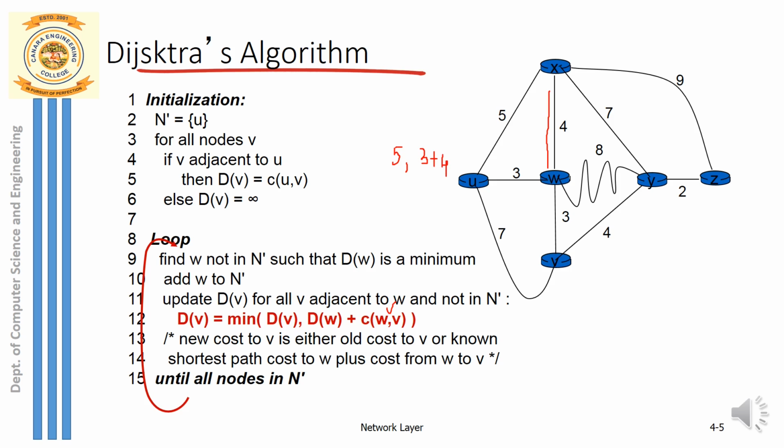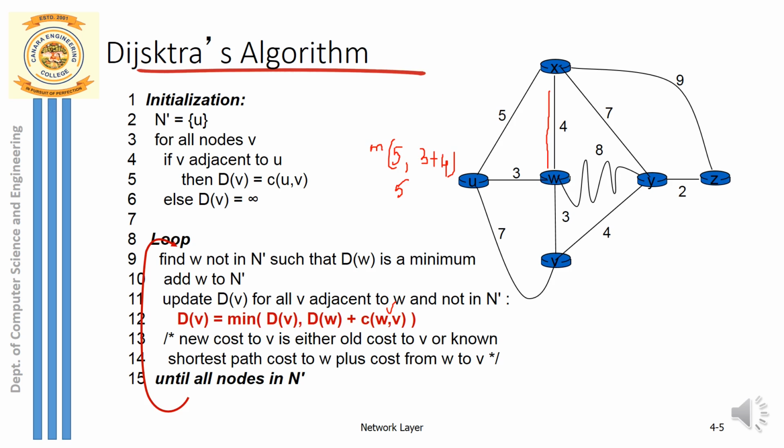So we already had calculated the distance from u to x, that was 5. Compare that with the distance from u to w, which we already calculated, 3, plus the cost from w to its neighboring node x, 4. So 3 plus 4 is 7. Out of 5 and 7, what is the minimum? 5 is the minimum of these two.